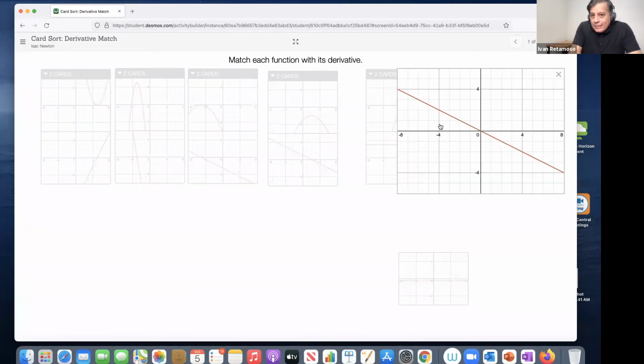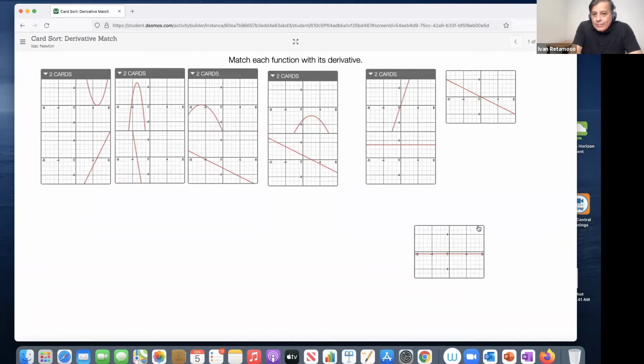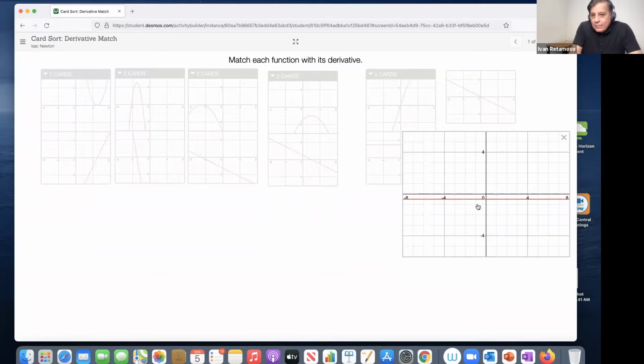Well, rise is 2, run is 4, or equivalently, rise 1, run 2, 1/2, but negative, because from left to right this line is decreasing output-wise. So negative 1/2 is the slope. And this is consistent with this. Look here, this is showing at negative 1/2 a horizontal line, right? Very good.